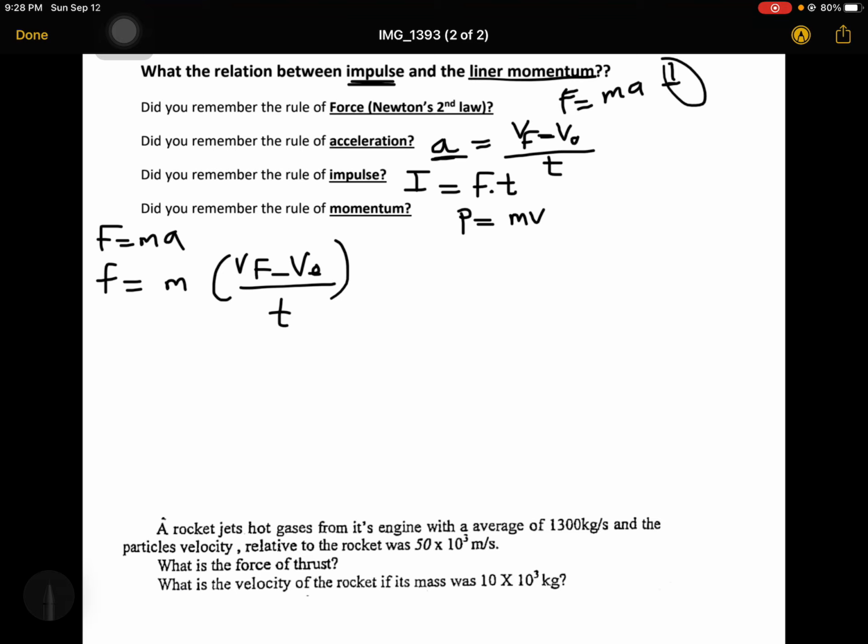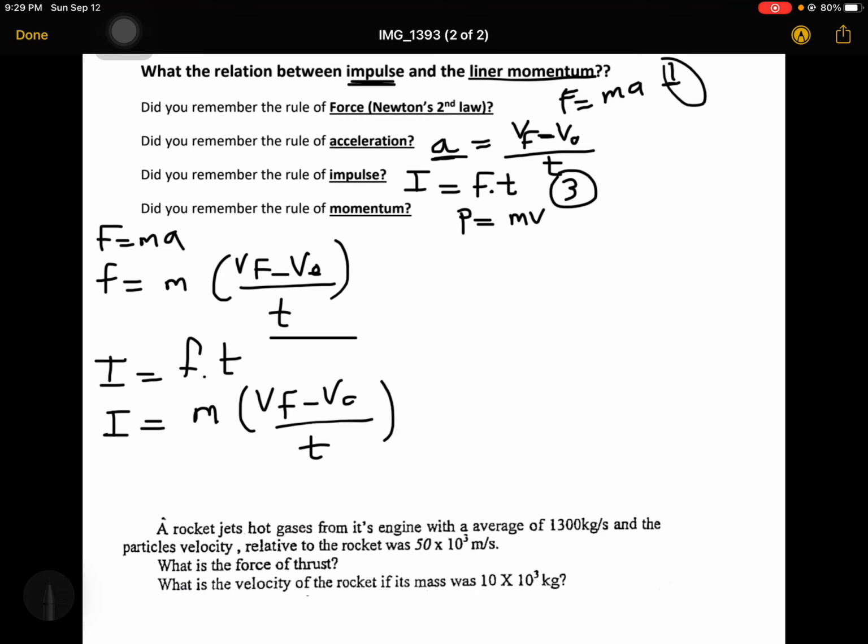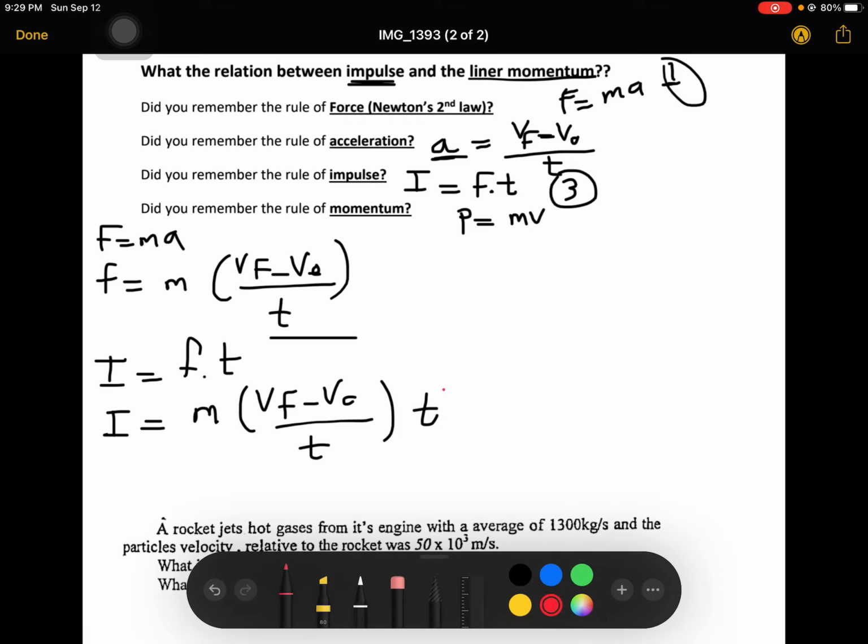Now we substitute this in equation number 3: I equals F t. So impulse equals m times vf minus v naught over t, times t.